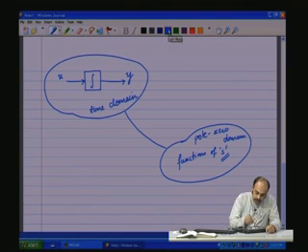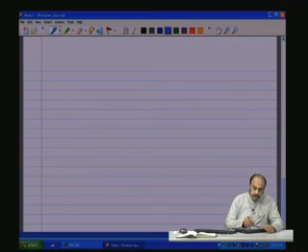So, how do we go about getting this? How do we go about mapping this?